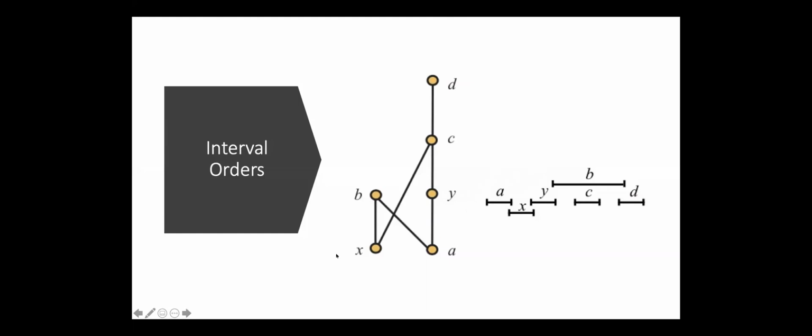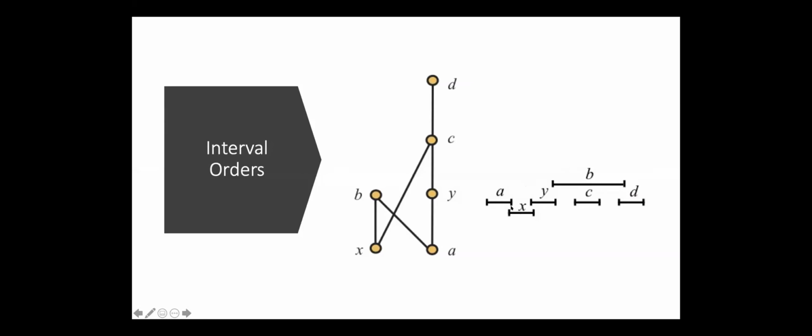In a similar manner, you can look at x and y, which are obviously incomparable in this poset, and you'll see that those intervals actually do intersect each other. Right here, you'll see the interval for x is not completely to the left of the interval for y. So like I was saying earlier, if you were given this interval representation, you could look at this and say, okay, I know that the interval for x is not related to the interval for y.